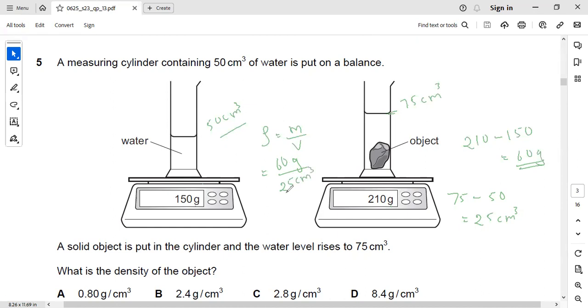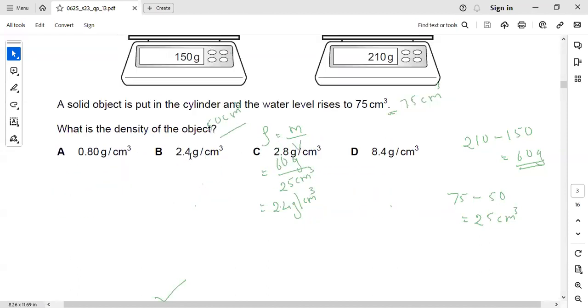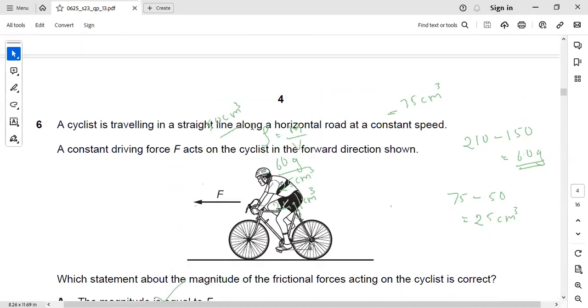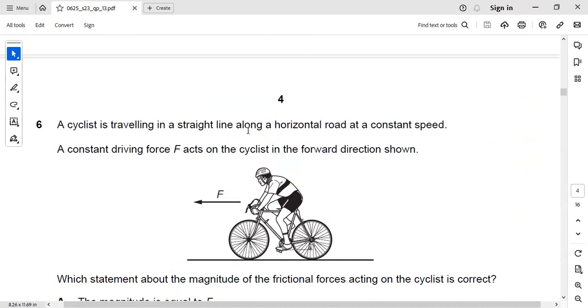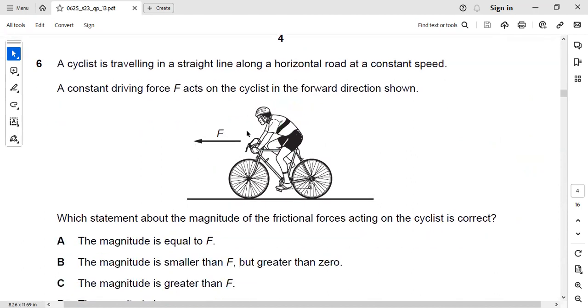When you divide these two, you will get the answer as 2.4 grams per centimeter cube. So the right answer is B. We'll move to the next question.